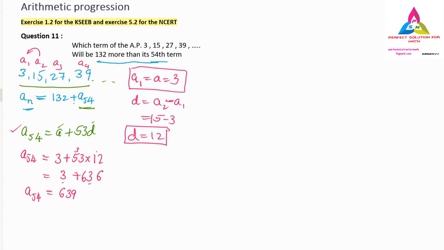After finding A54, what do we do next? We have to find that an value, using the equation. Which term they have told you to find, that an we have to find. They have told that it is 132 more than the 54th term.